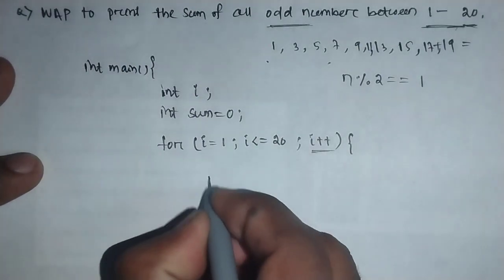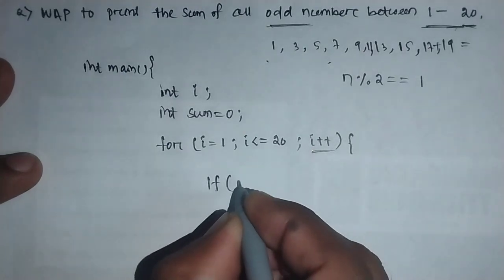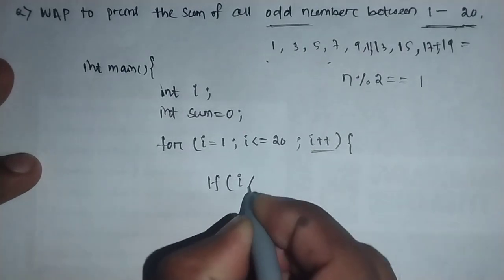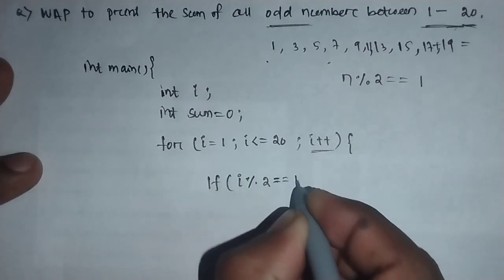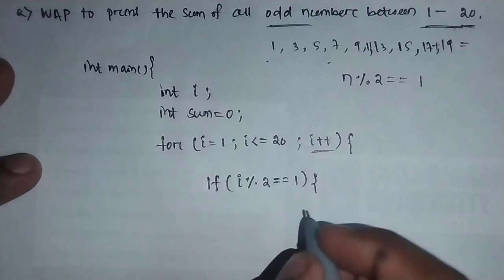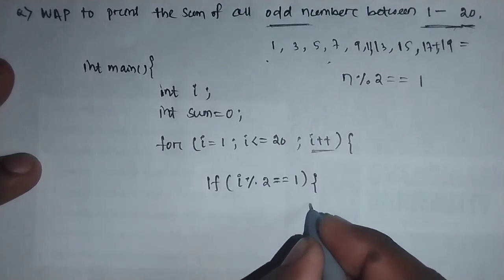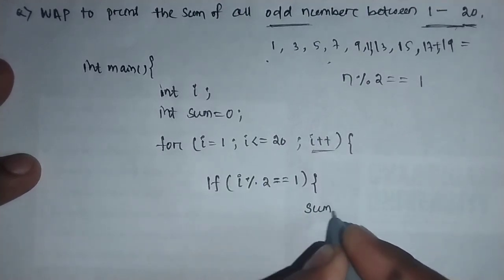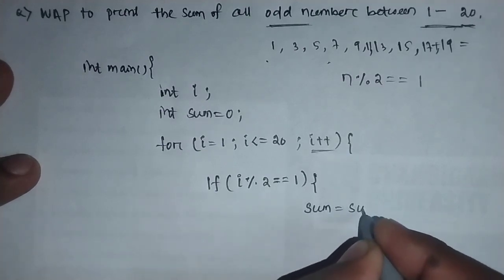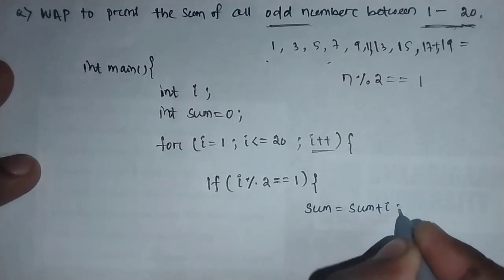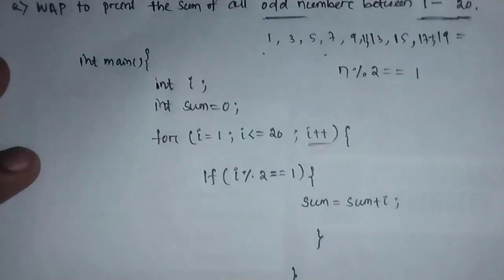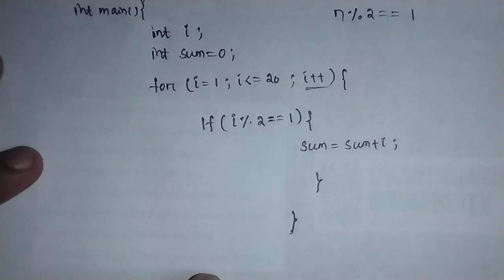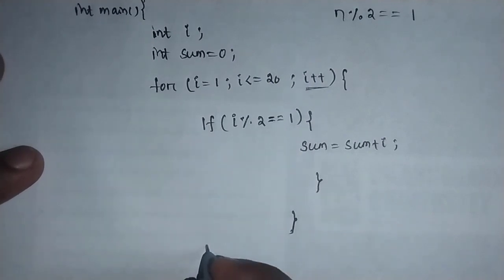So there will be an if condition: if i modulus 2 is equal to 1, only in this case the sum will be updated to sum plus i. After that I have to print the value of sum as output.